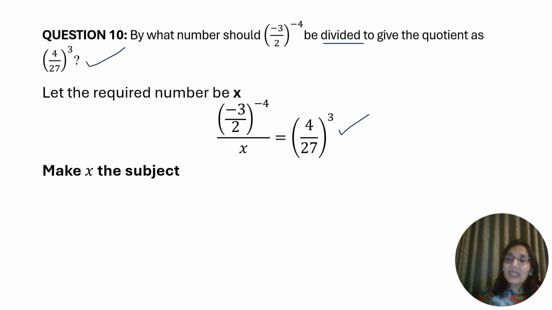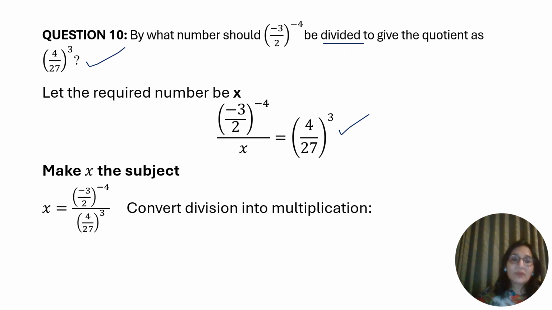Now you have to make x the subject. When we say x as the subject, that means minus 3 upon 2 to the power minus 4 will be divided by 4 upon 27 to the power 3. That means you have to convert division into multiplication in the next step.